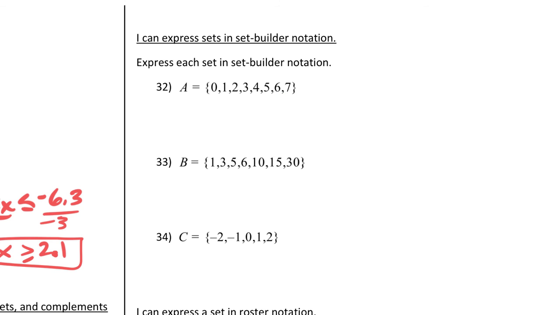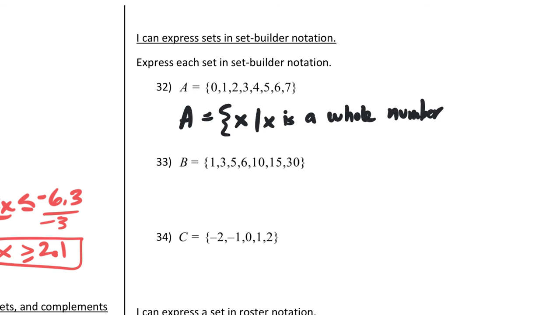So we're going to rewrite this as the set A is equal to, curly braces, x such that x is a whole number, and the parameter for x is x is less than or equal to 7.